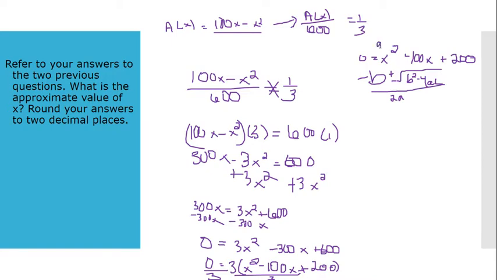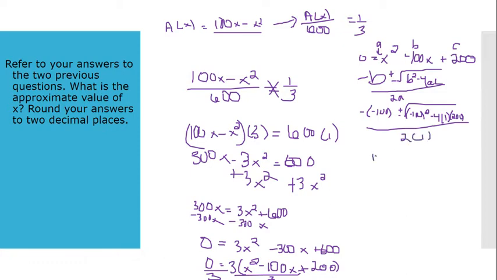Remember that a is the coefficient in front of x squared, b is the coefficient in front of x, and c is the constant. So I'm going to have negative negative 100 plus or minus the square root of negative 100 squared minus 4 times 1 times 200 all over 2 times 1.